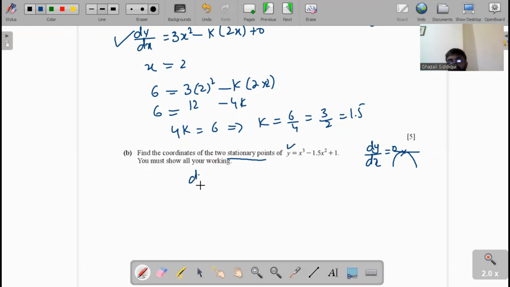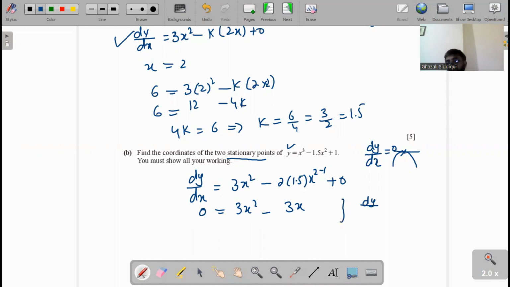Now, the dy over dx equation is 3x squared minus 2 times 1.5 times x to the power 2 minus 1, plus the derivative of the constant, which is 0. We can write 3x squared minus 3x, and dy over dx will be 0 at the stationary points.